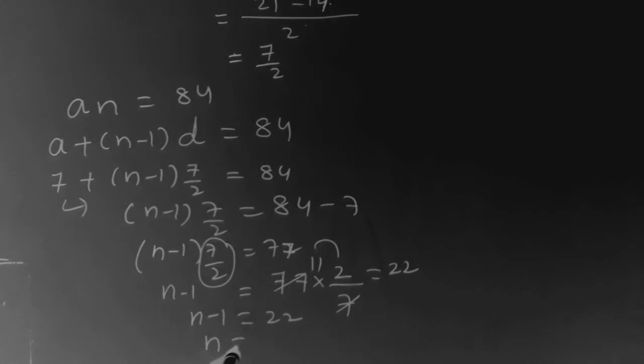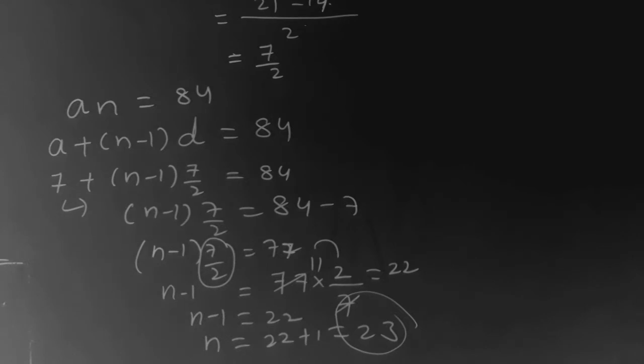So send that 1 to the right side. 22 plus 1, that is 23. So how many terms are there in the given series? n is equal to 23. Now we calculated the first term, that is 7. The difference is 7 by 2. And the number of terms in this series is nothing but 23.